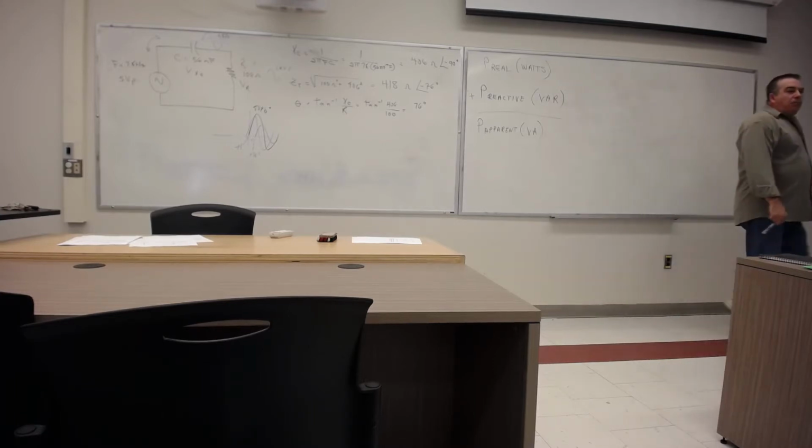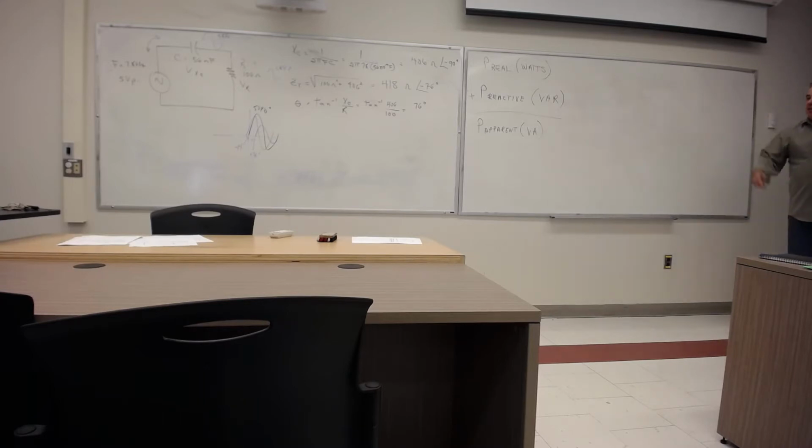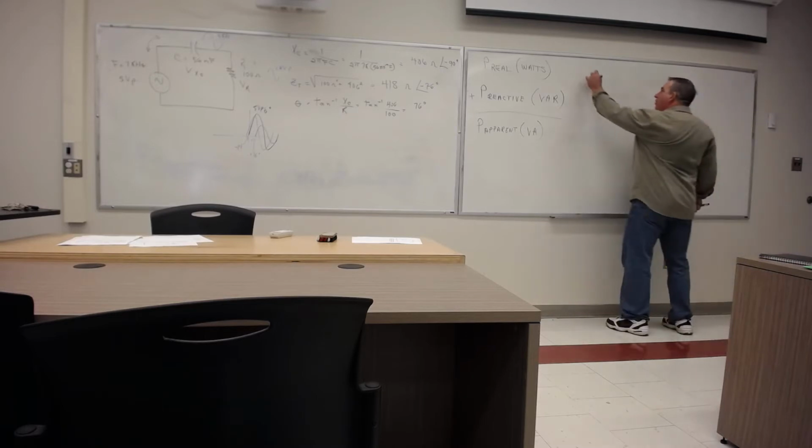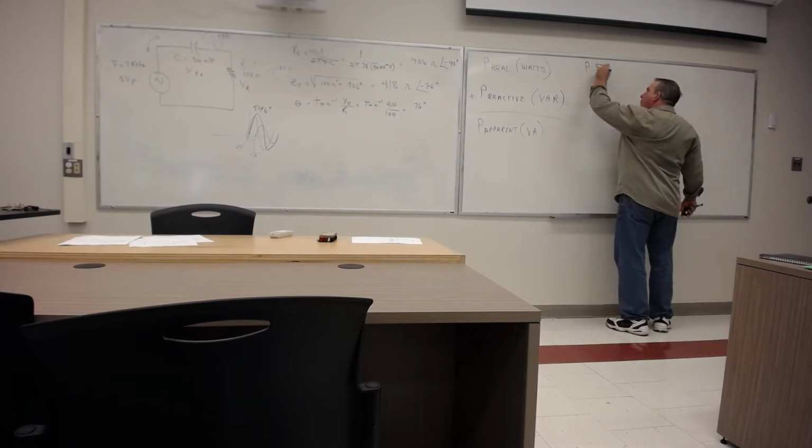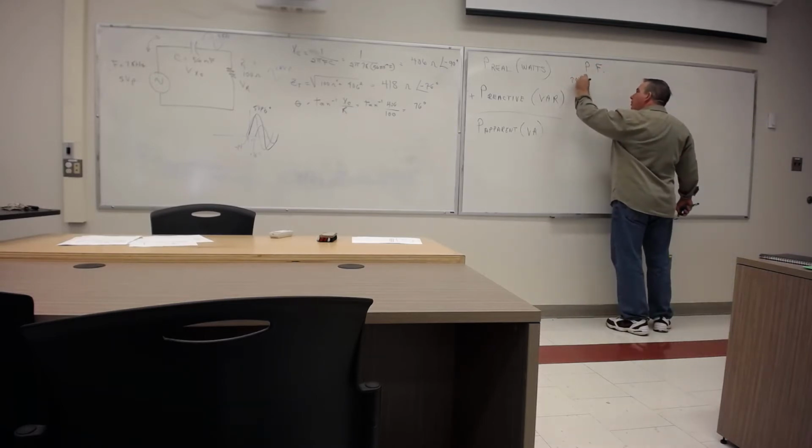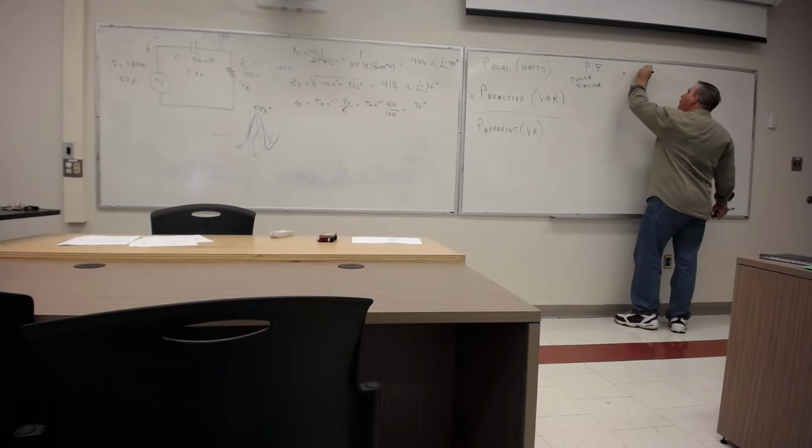Okay, so once you're done with that, there's another thing you can calculate. It's called a power factor, PF. And what it is, it's a ratio of real power over apparent power.